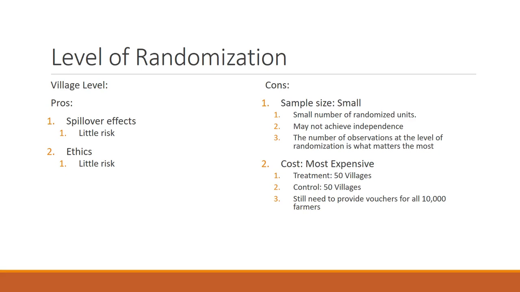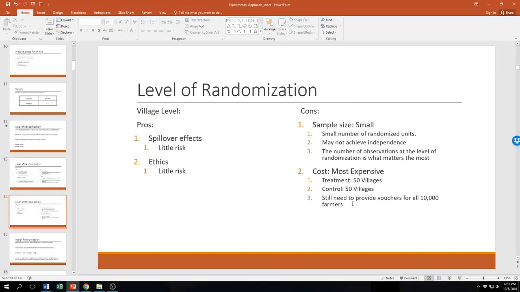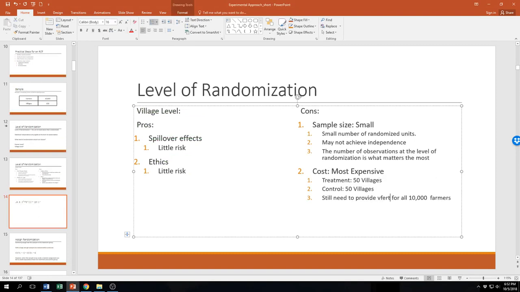The other disadvantage is that it's probably going to be more expensive. The reason is that you're going to have to provide fertilizer to 5,000 farmers. You're going to have to give fertilizer to all 5,000 farmers in the 50 treatment villages.